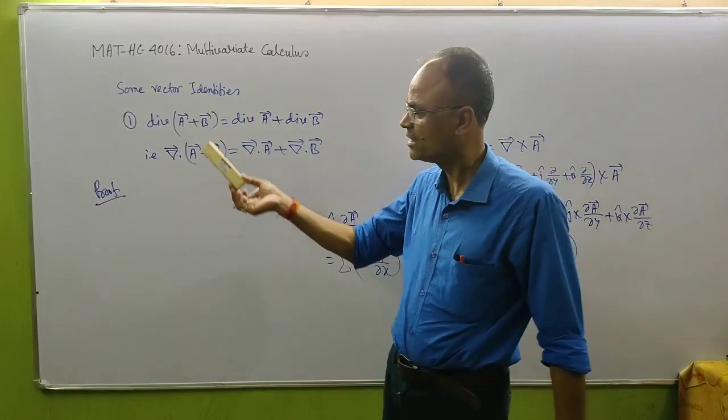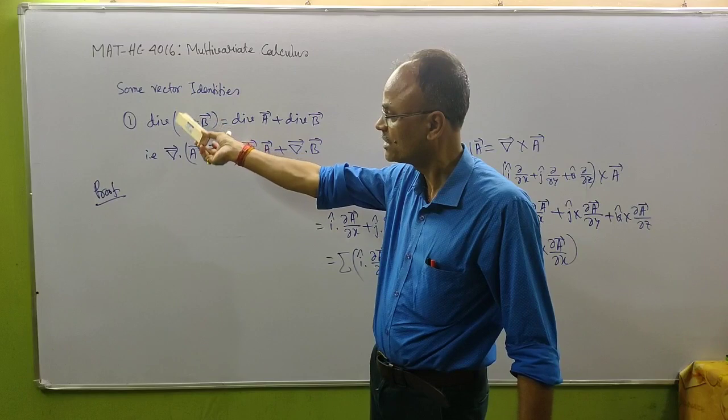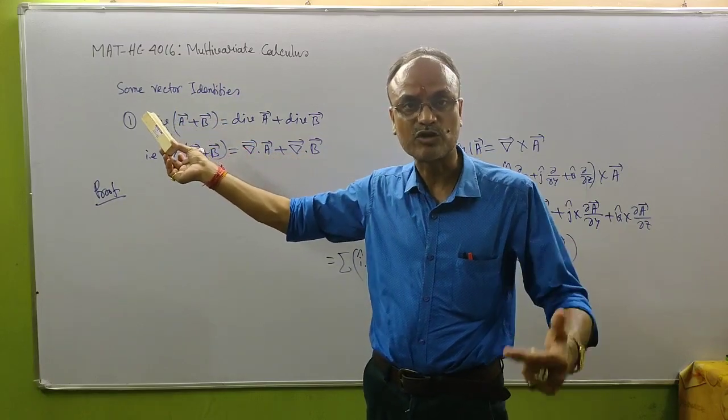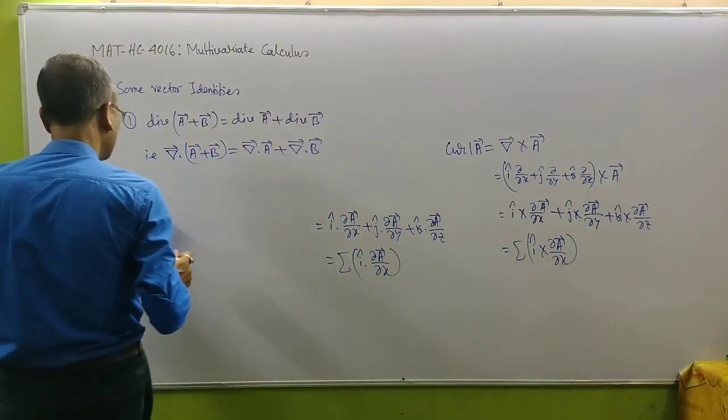In total, we shall discuss about 11 such vector identities. This is number one.